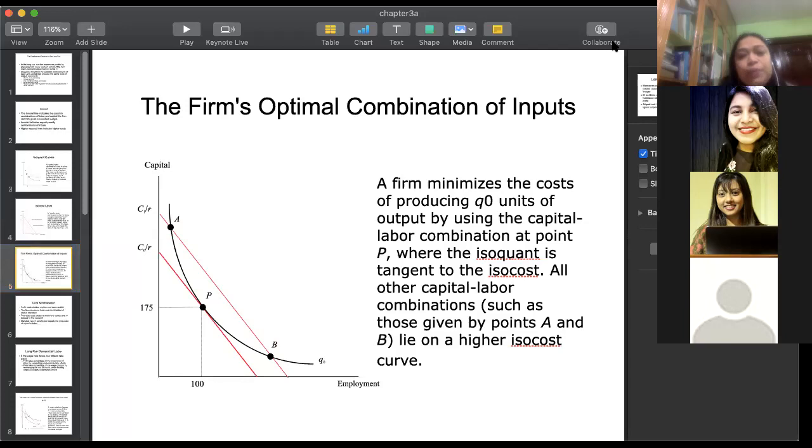You can produce output by employing different amounts of capital and labor, but you have to employ that particular combination so that you can reach the lowest possible isocost. Does it make sense? You want to produce Q0 with the lowest possible cost. That means you want to find that point of Q0 that is tangent to the lowest possible isocost curve.